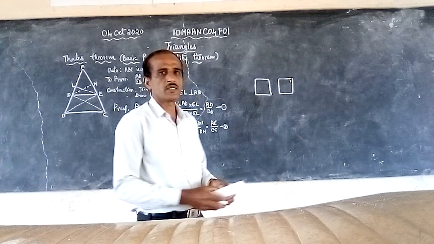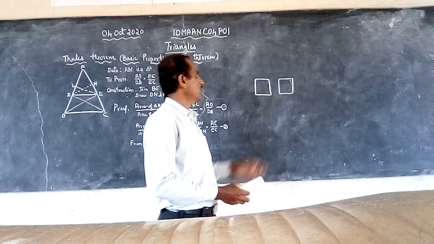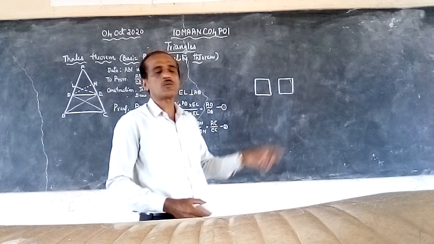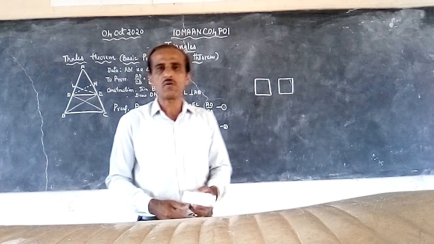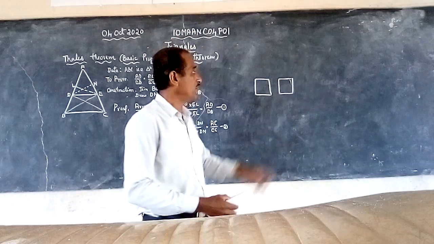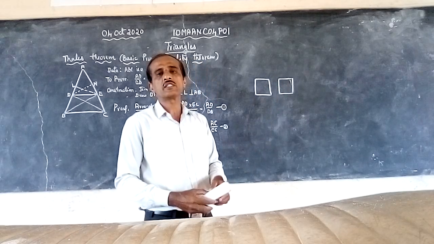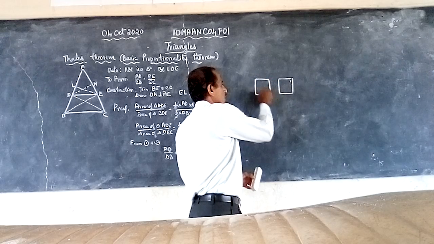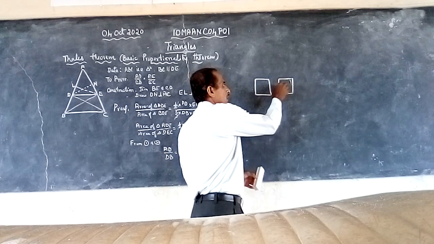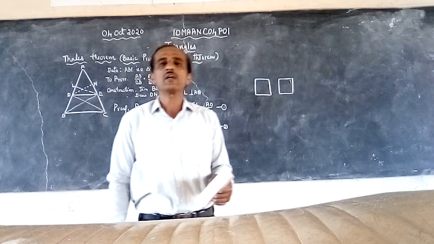But if the sides of both the squares are equal in length, then we can say these two squares are congruent to each other. If all sides are 2 centimeters here and also 2 centimeters here, we can say these two squares are congruent.